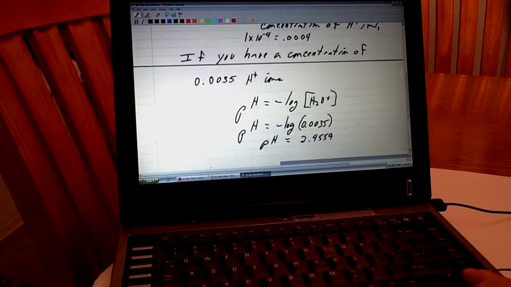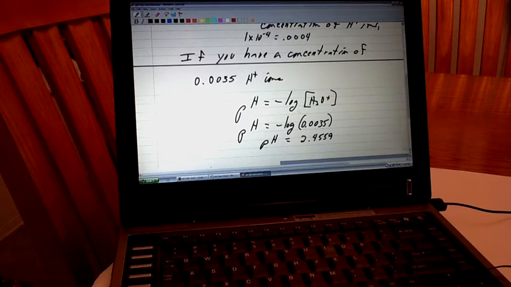You put in the concentration, 0.0035, take the negative log of it, and you'll find that the pH is 2.4559. If you take 10 to the negative 2.4559, you will see that you get 0.0035. Give it a try on your calculator. So that's a little bit about pH.